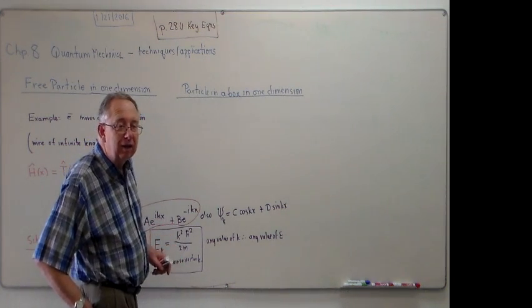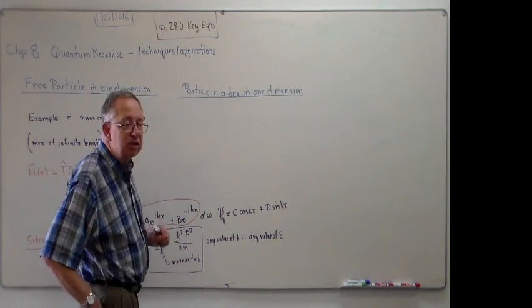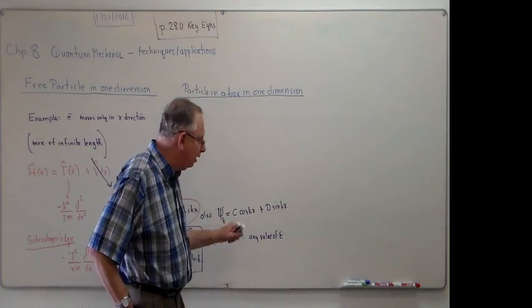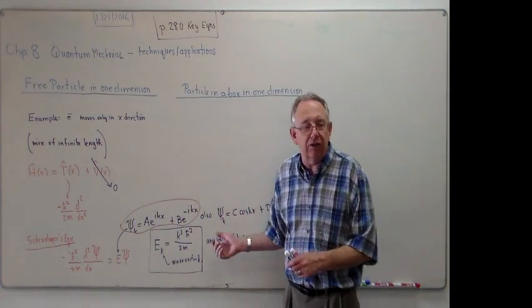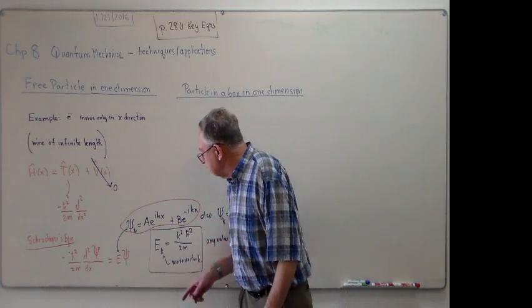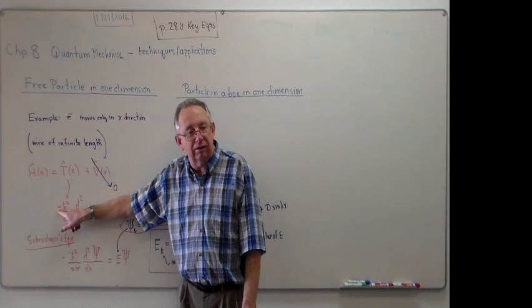But what's important? What's not changing? The e to the ikx isn't changing, cosine kx isn't changing. And you get a k squared out and you get a sign change. The sign change is handled by the sign in front of the operator.